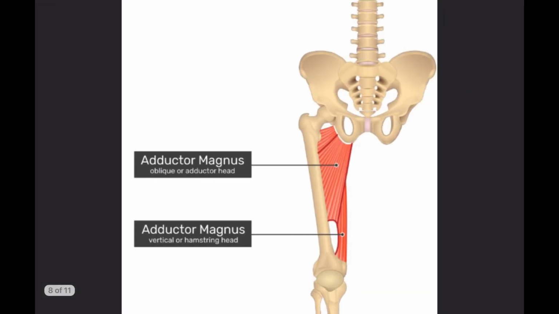This is the hamstring division, and this is the adductor division or adductor part. The adductor part is inserted superiorly to the hamstring part, and the hamstring part is inserted on the distal part of the femur.